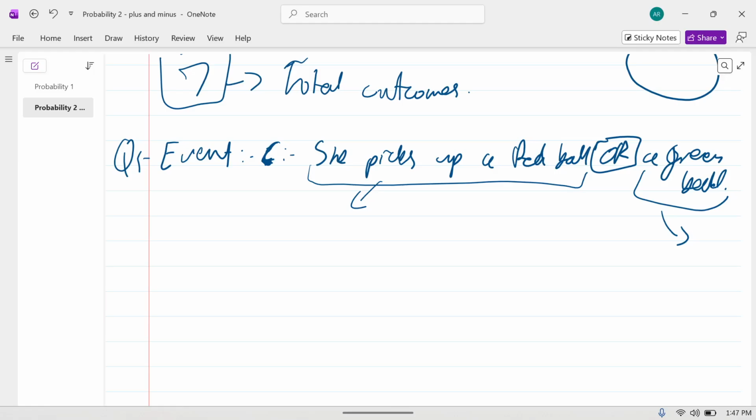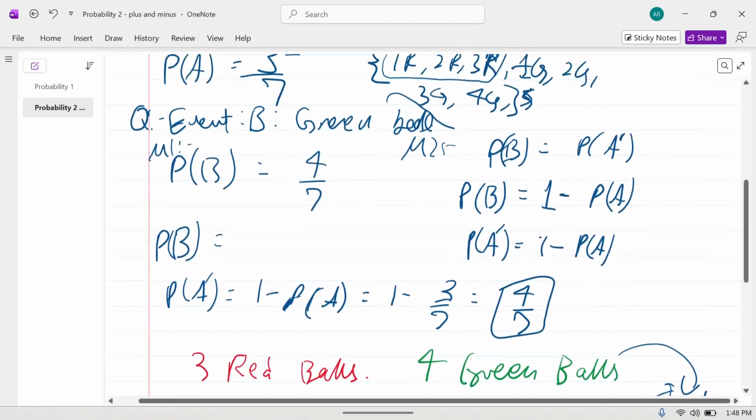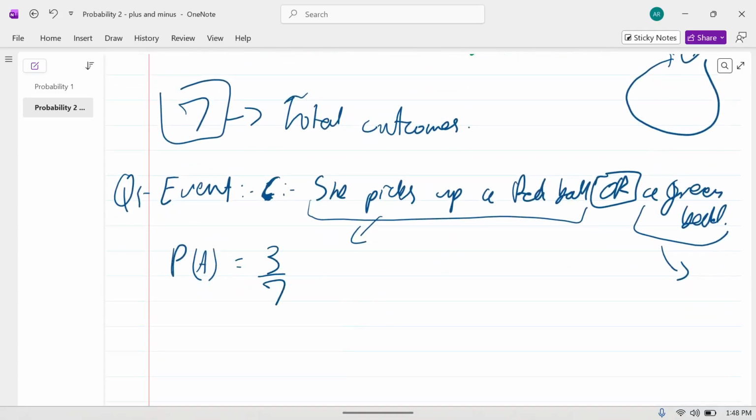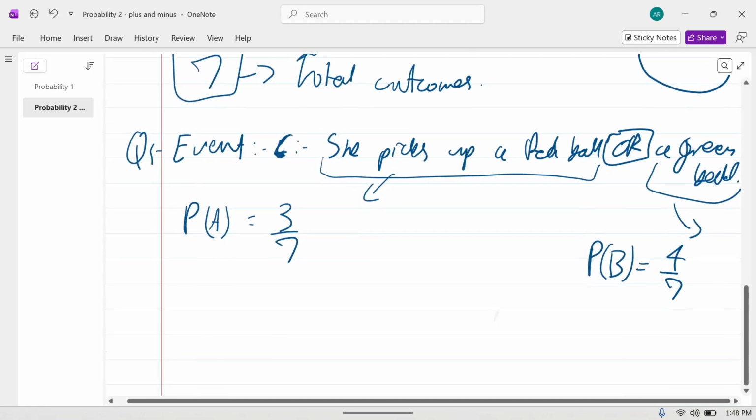Okay, so let's find the probability of this. She picks up a red ball. That's actually event A. We've already found it, right? We don't have to do it again. That would be 3 over 7. And the probability for this is 4 over 7. Okay.